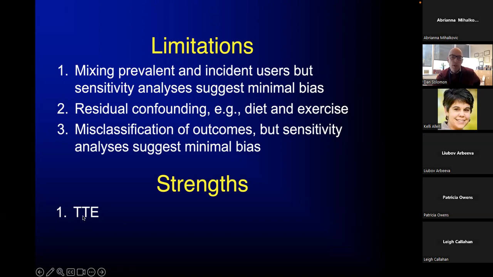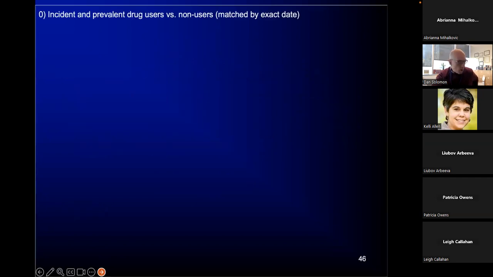The target trial emulation is the clear strength, and we talked about the strengths of that. One of the points that I'll make here, on a slide that I borrowed from my colleague Sebastian Schneeweiss, a really smart drug epidemiologist, is that when we start with the full cohort of incident and prevalent drug users, we have this huge population, but there's all kinds of biases.